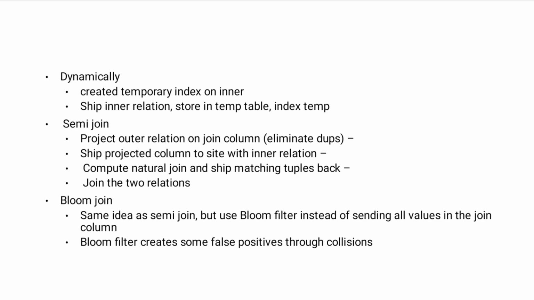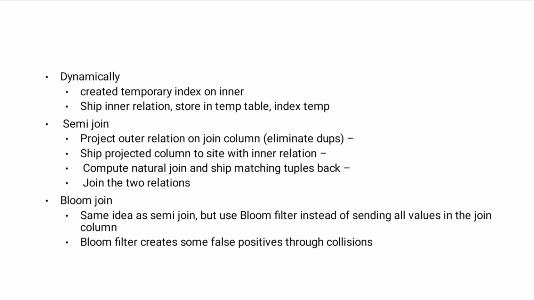We have just seen about those temporary relations of joining and semi-joining. Semi-join: project the outer relation on the join column, where we can eliminate the duplicates. Then we can produce it as an inner relation at the particular result producing site. After that we can compute the natural join and ship matching tuples back.